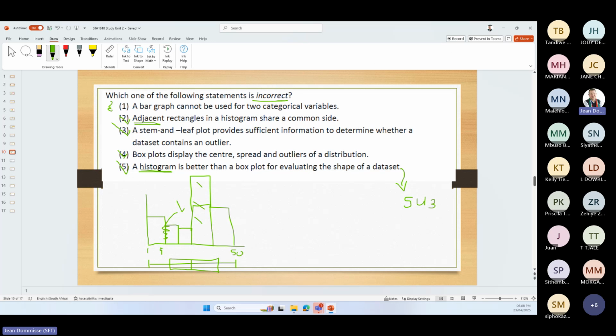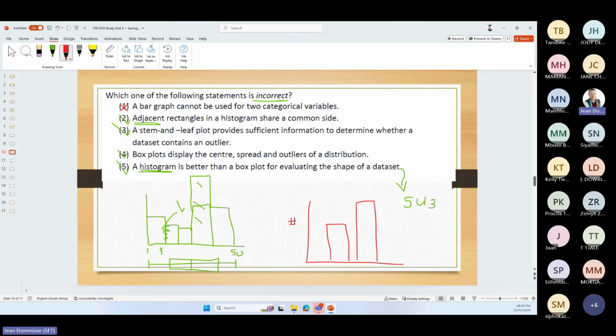So let's just go back to the one that is incorrect. So option 1 is incorrect. A bar graph cannot be used for 2 categorical variables. So you can. You can have a bar chart where this is just the number of, and that can be one category, and that can be another category.